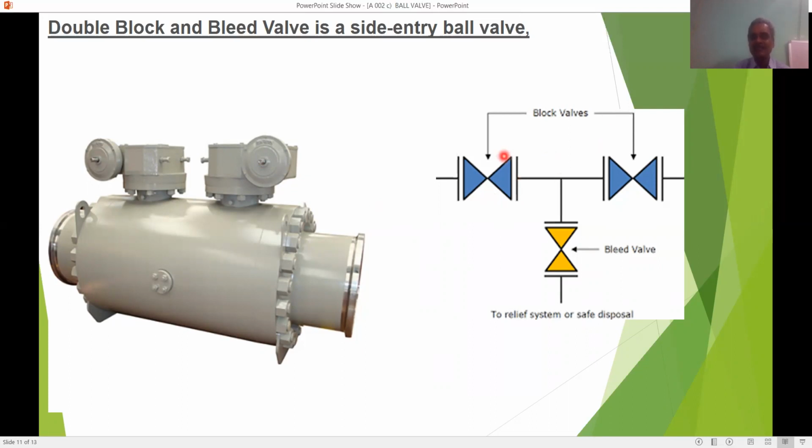In an emergency, they can stop downstream, or sometimes downstream and upstream also. This is the actuator. Whatever liquid is deposited in between this place can be drained. That's why it's called a double block and bleed valve. This is the way you have to do bleeding.